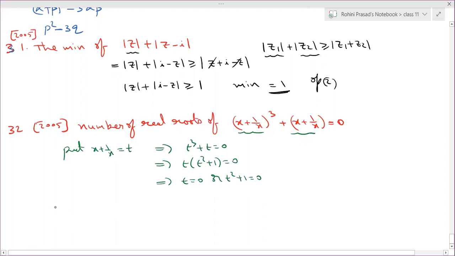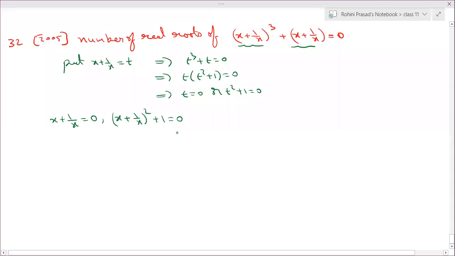That means x plus 1 by x equal to 0, or x plus 1 by x the whole square plus 1 equal to 0. X plus 1 by x equal to 0 is never possible. Never possible in the sense, if you take x equal to i, then it is possible. I plus 1 by i is 0 only. But there is no real number satisfying this.